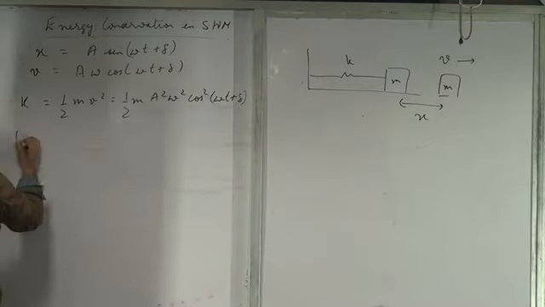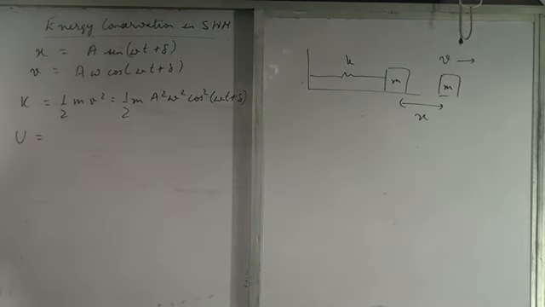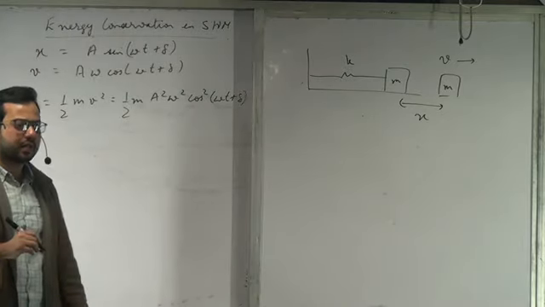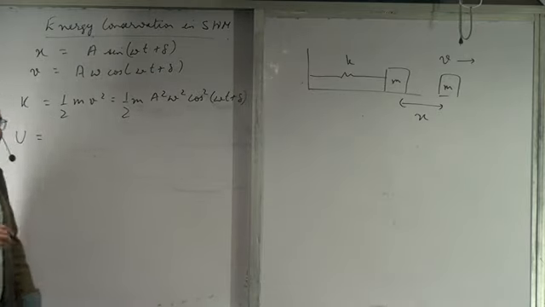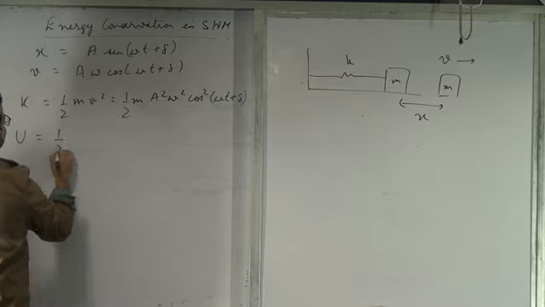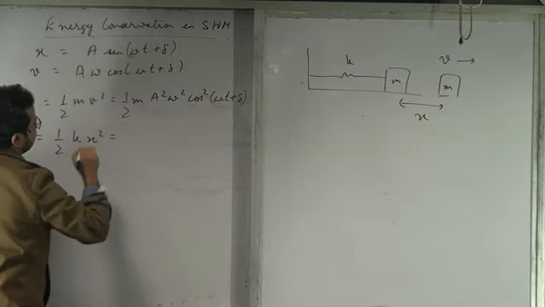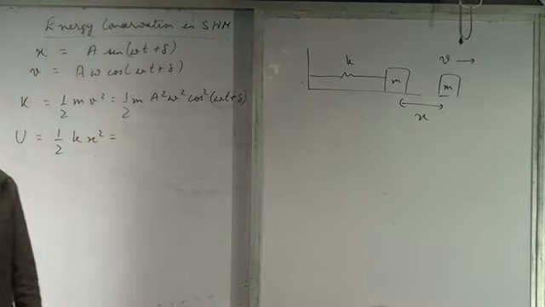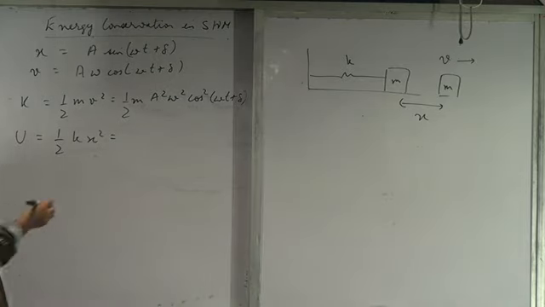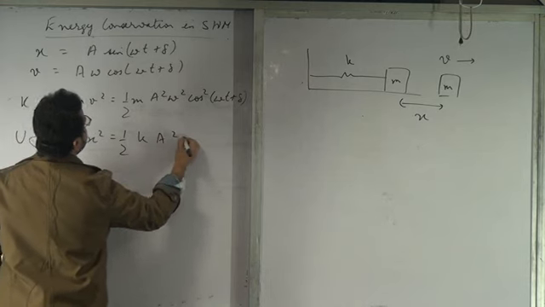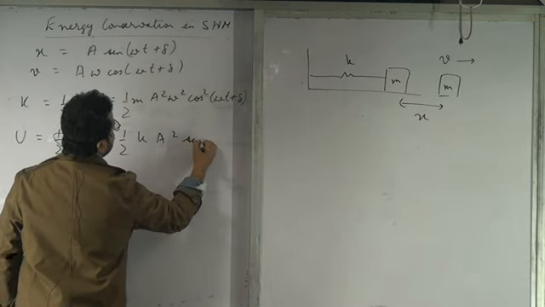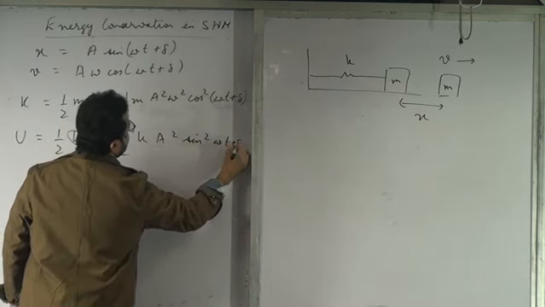What will be the potential energy of the system? The potential energy of the system will be half kx square, so that will be equal to half into k into a square sin square of omega t plus delta.